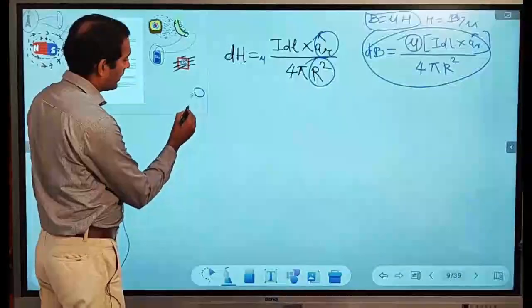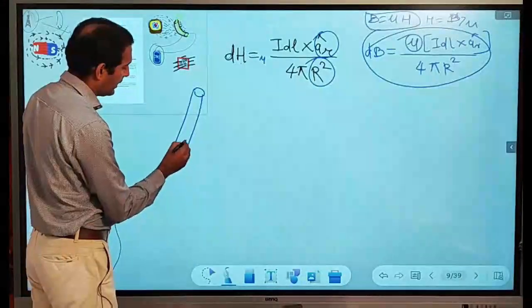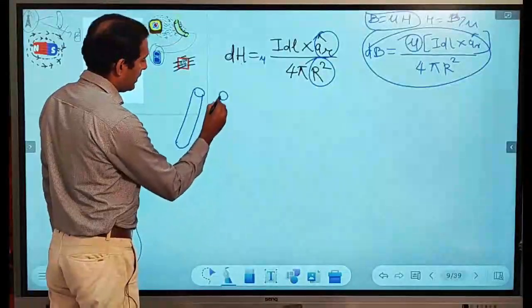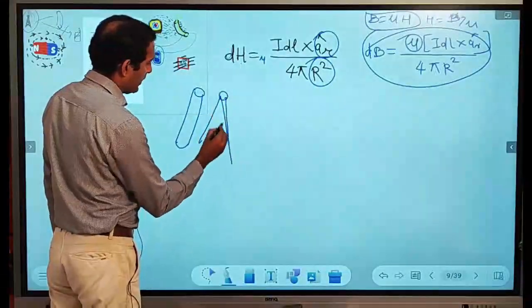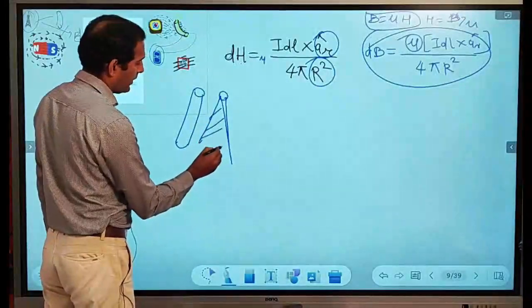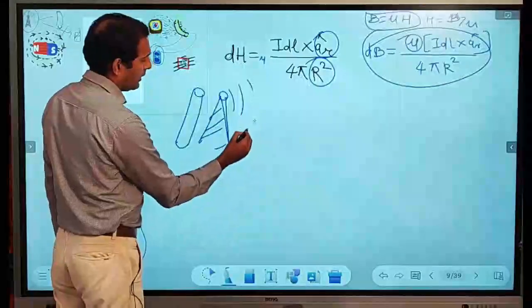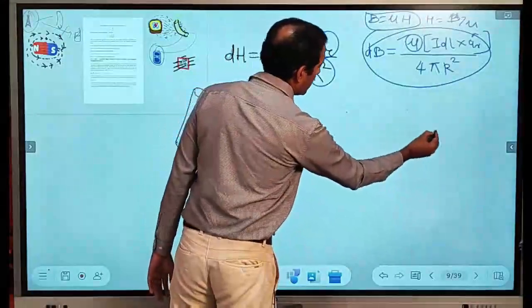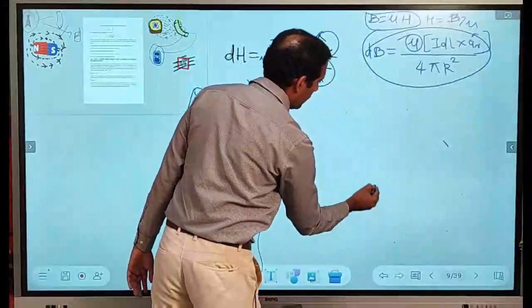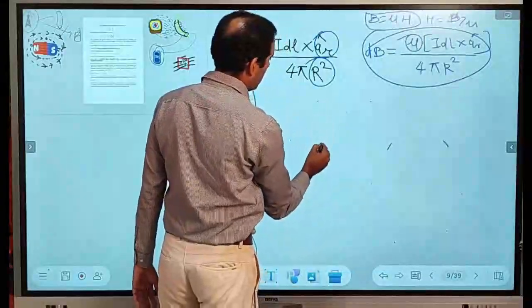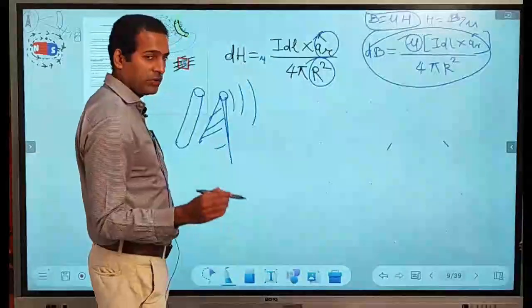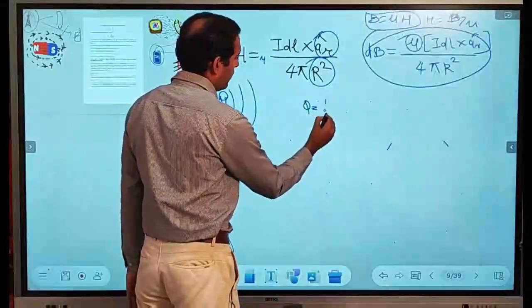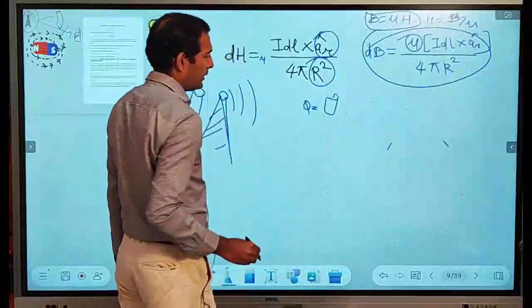Suppose our current carrying conductor creating a magnetic field is an antenna, present everywhere in the town, and there are different points representing the mobile phones. Each point charge we consider as a mobile phone.